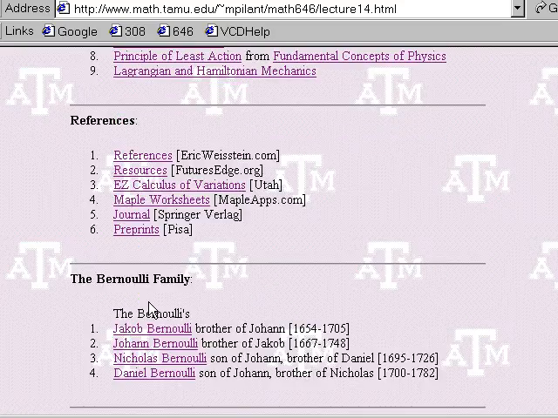And then finally, you can read a little bit about the Bernoulli saga going from 1654 to 1782. They were around quite a bit. Let me just see if I can find one reference here that explains how incredibly wild this family was.